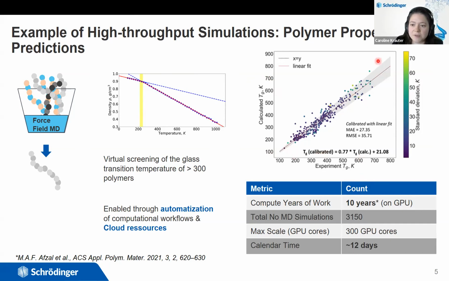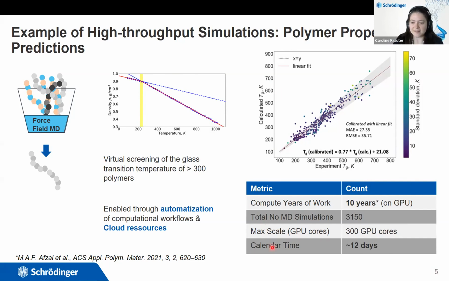We see a very good ranking, especially of the glass transition temperatures for these polymers. The color code gives a standard deviation of the different evaluations. Because we're running 10 replicates and sampling at each point here, we can do quite a bit of statistics and then come up with a standard deviation that gives us a measure for how reliable we think the result is, based on the simulation.